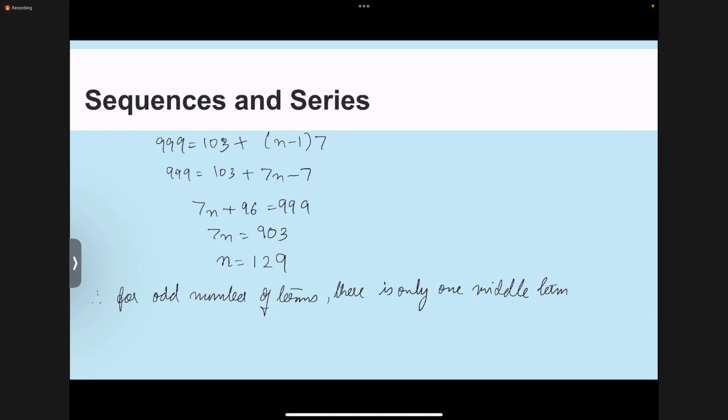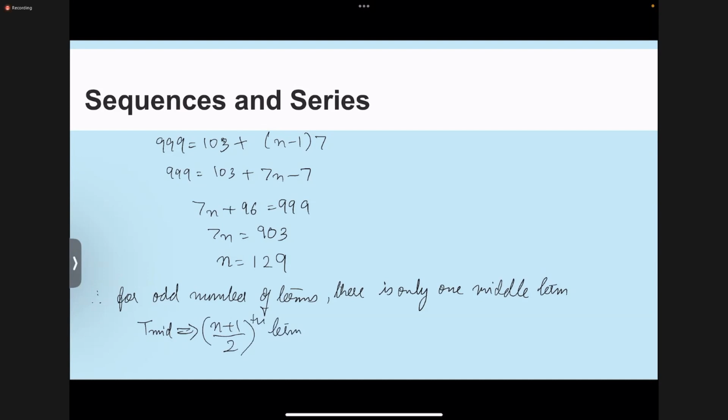So the T mid corresponds to the (n plus 1) by 2 term. So half of your n plus 1.